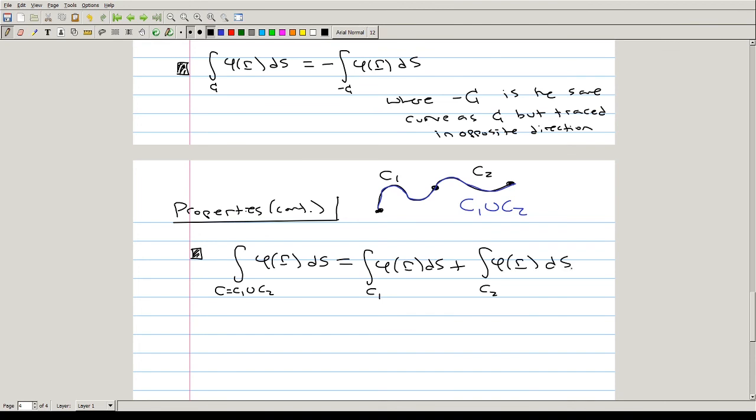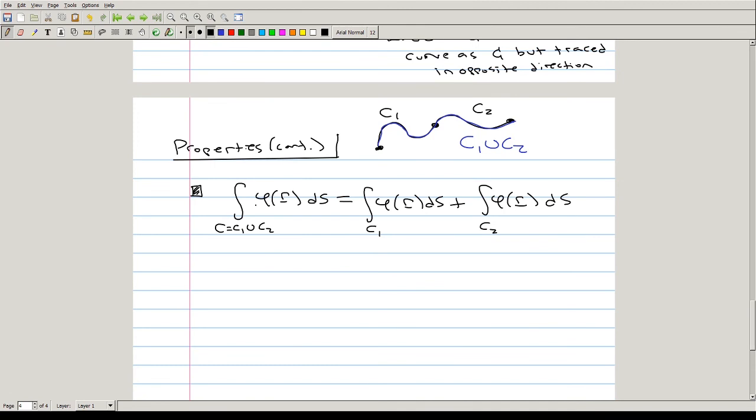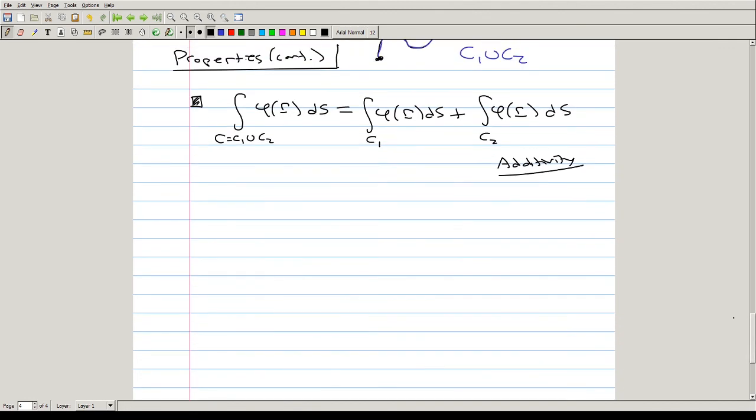This is super important for us because many of our curves are going to be piecewise defined, and we're going to need to use this additivity property in a number of different ways. This is sometimes called additivity. This will be a good summary of all of the main properties that we have for line integrals.